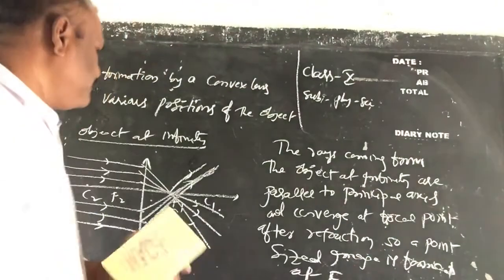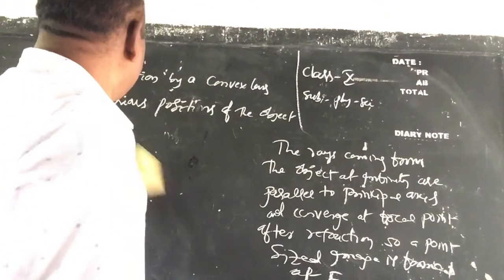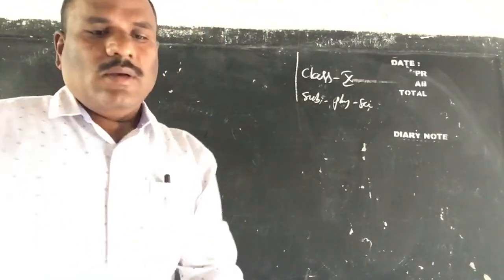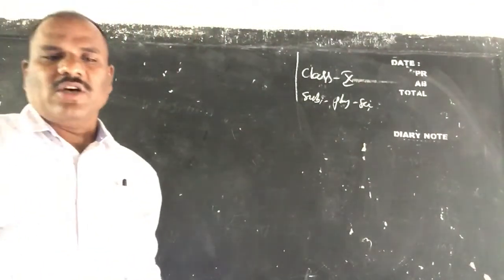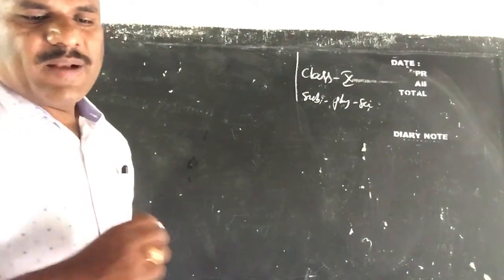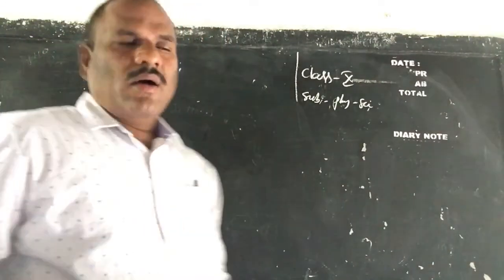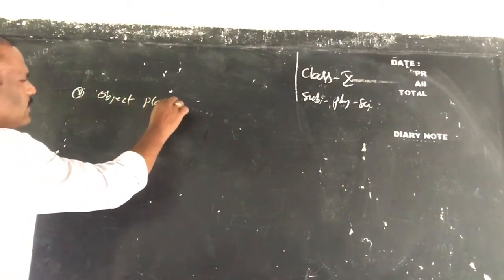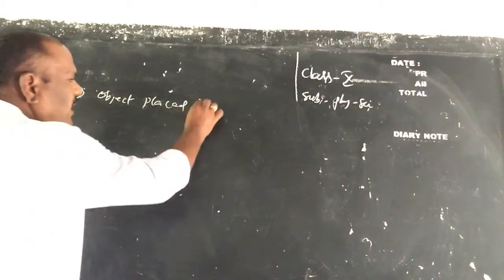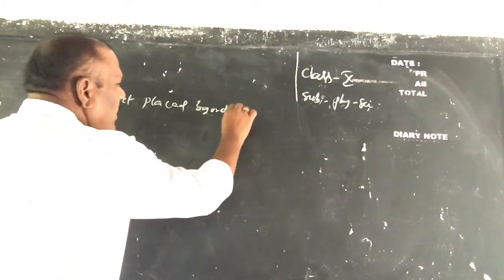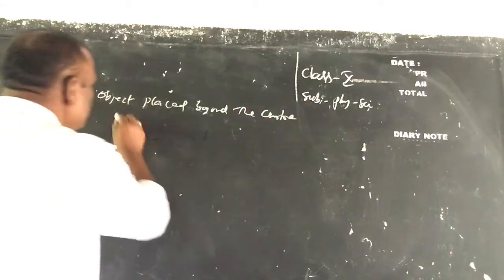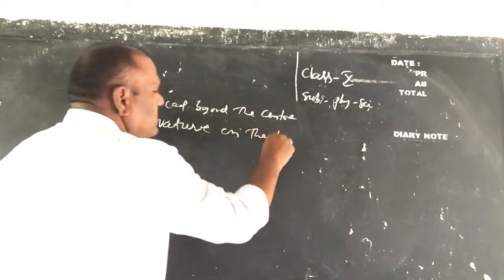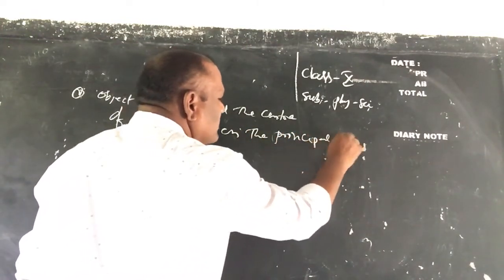And the second one, children: object placed behind the center of curvature on the principal axis.